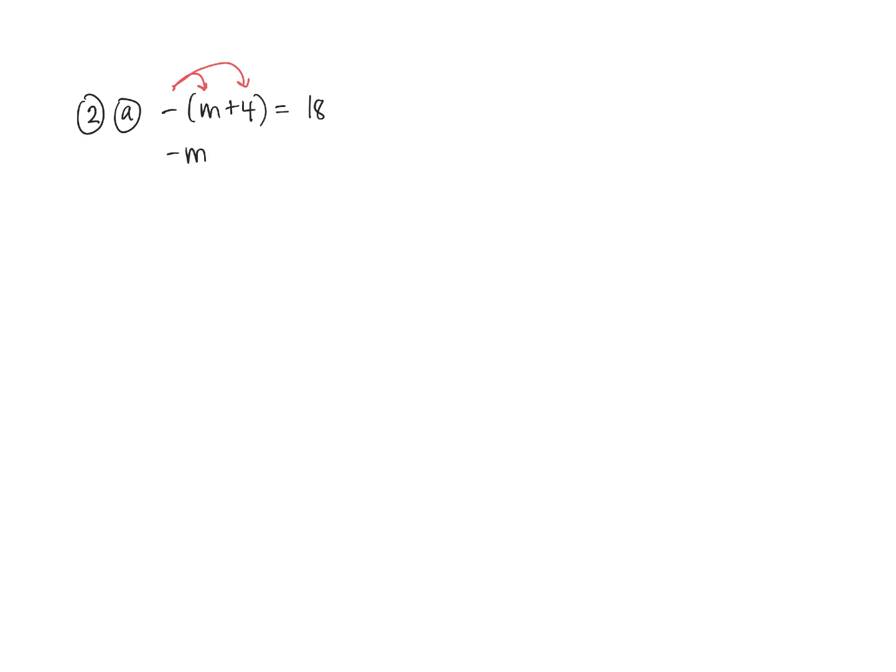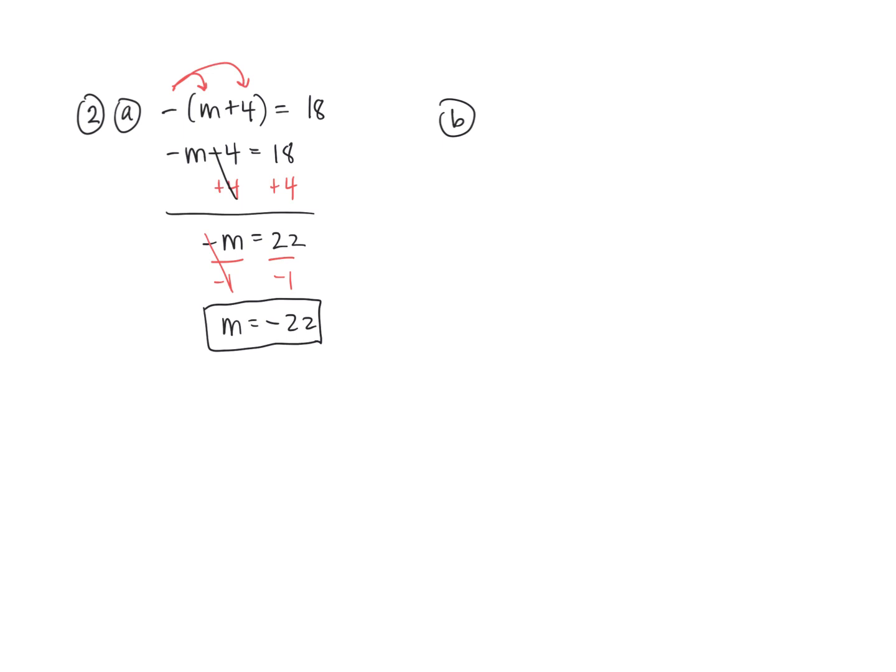So we have negative m minus 4 equals 18. We add 4 to both sides. So we get negative m equals 22. And to get the m by itself, we divide both sides by negative 1. So we get m equals negative 22.